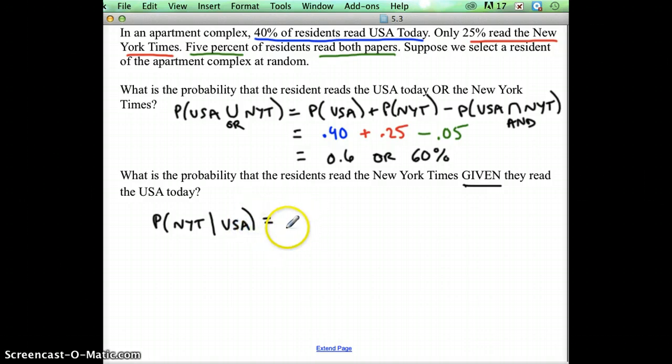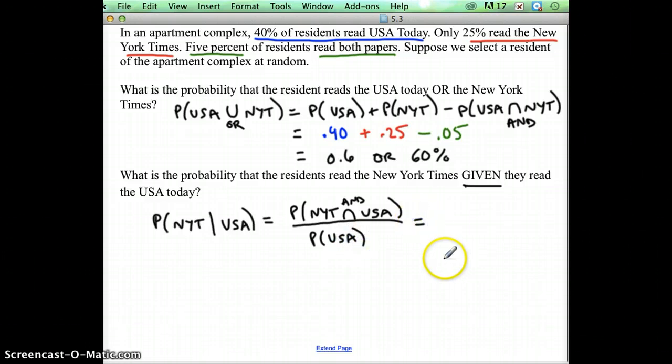Okay, so we're going to follow the formula from the previous page. The top is and, New York Times and USA Today. It's always and on the top when you're doing conditional. On the bottom, it's the probability of whatever we're given. We're given that they read USA Today, so that goes on the bottom.